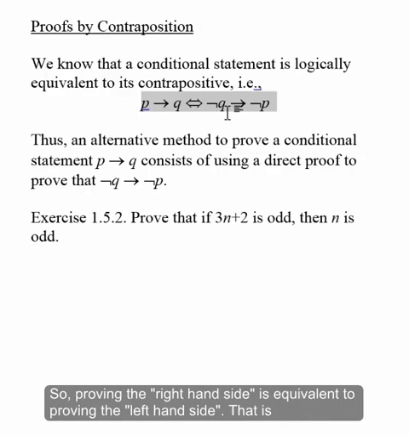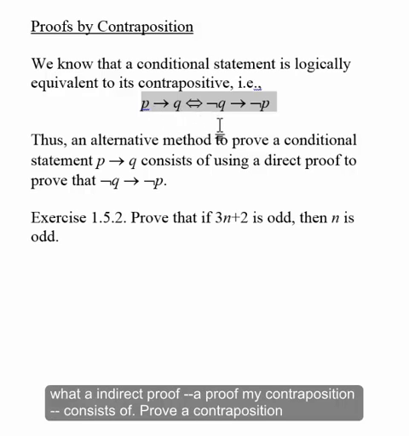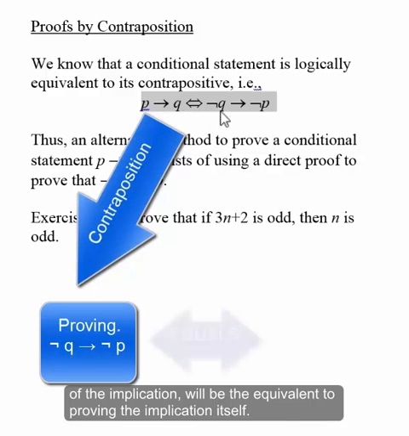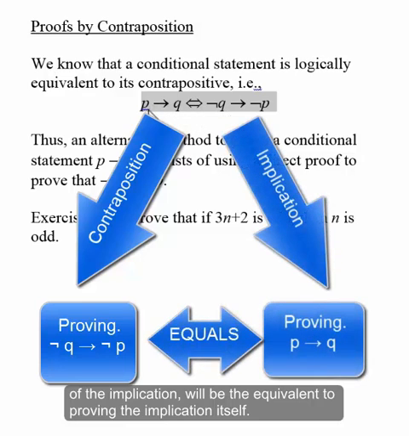So proving the right-hand side is equivalent to proving the left-hand side. That's what an indirect proof or a proof by contraposition consists of. Proving the contrapositive of the implication will be equivalent to proving the implication itself.